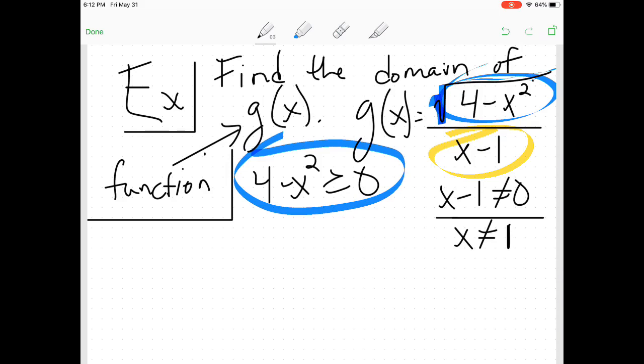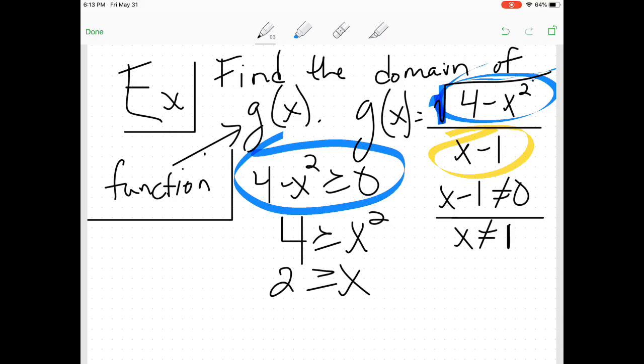So let me show you first what not to do, okay? All right, well, I have 4 minus x squared is greater than or equal to 0, so I'm going to add x squared. 4 is greater than or equal to x squared. Okay, now let me take the square root of each side. X is less than or equal to 2. And then, you have some people who do think, okay, well, if I take the square root, I have to do positive or negative.